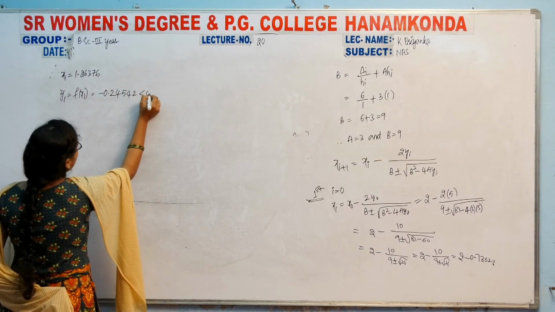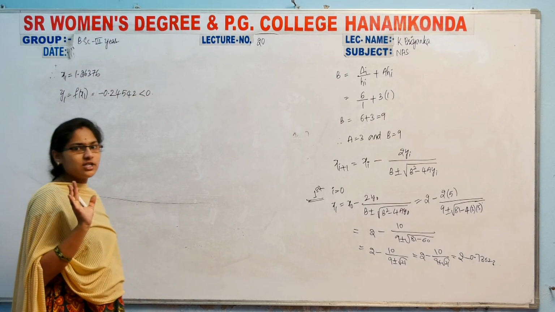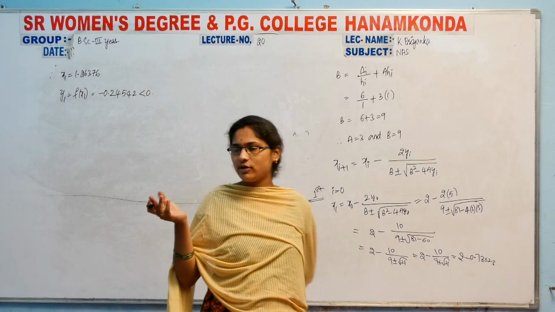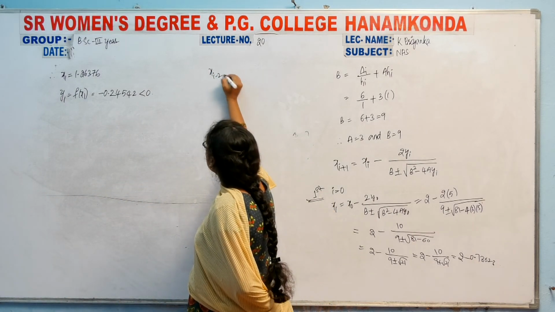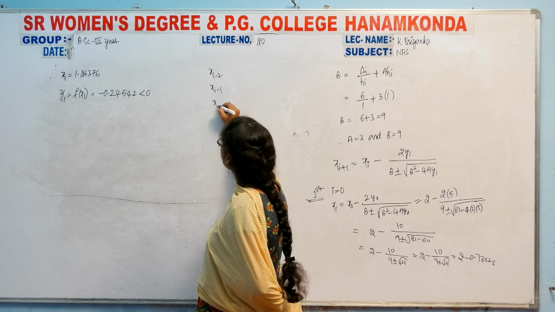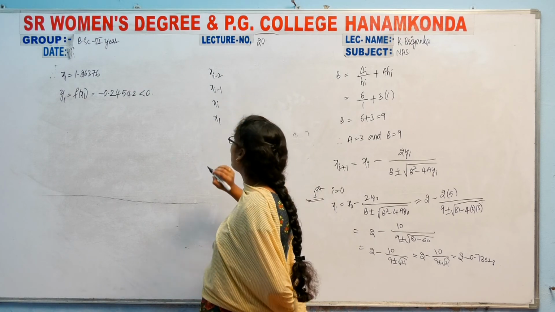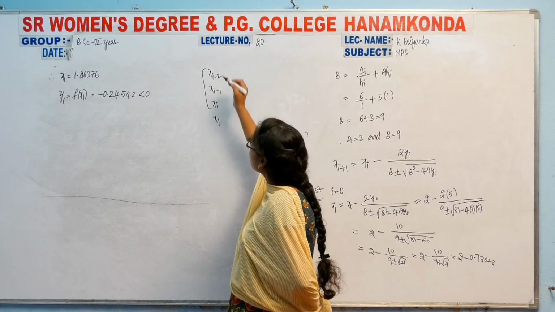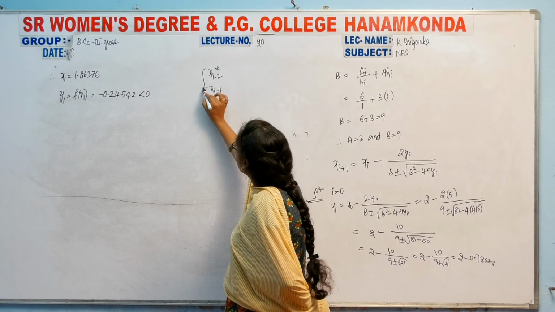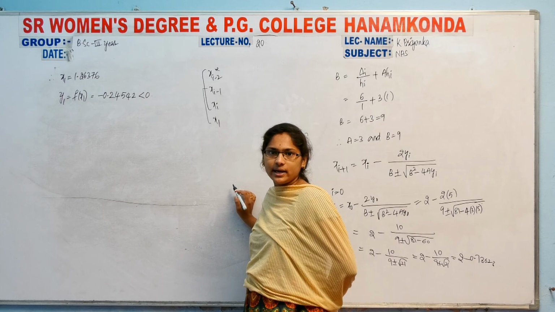Okay, which is less than 0 now. First of all, which is less than 0 means for the previous one, what will be the previous one? Please try to understand. I consider xi minus 2. Now here like this I have. Okay. So for the first one we consider this one. Now we have to ignore this. Next we have to consider these three. Clear?